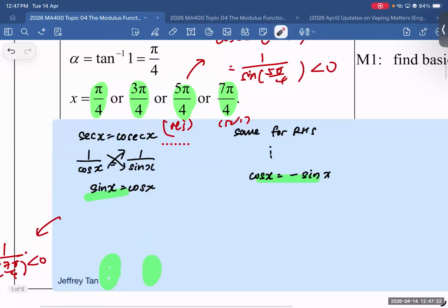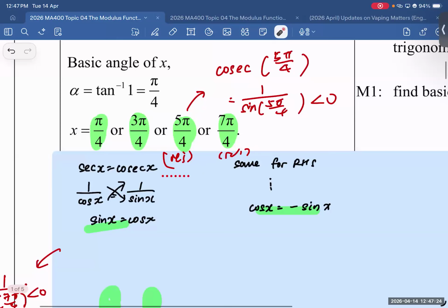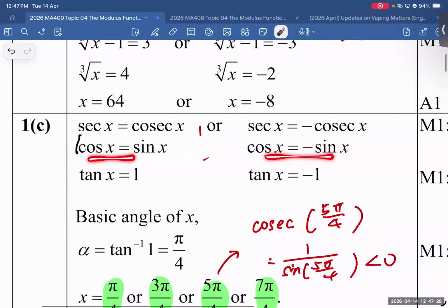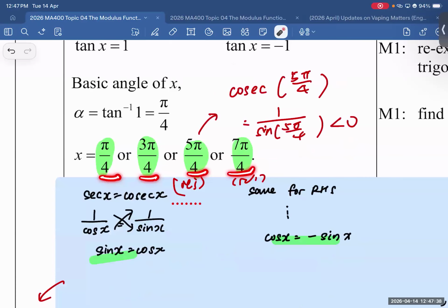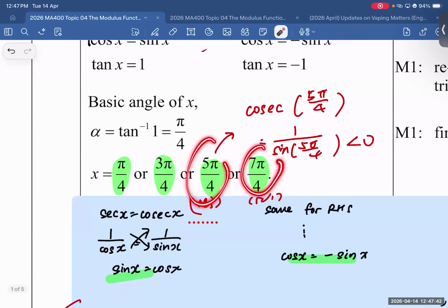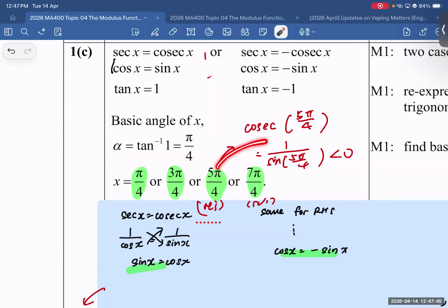Here to this step, divide by cosine on both sides. You get tangent x equals 1 or negative 1. After that, you have 4 answers: 1, 2, 3, 4. These two will be rejected. Why? Because sine of 5 pi over 4 is negative, and this one is also negative.